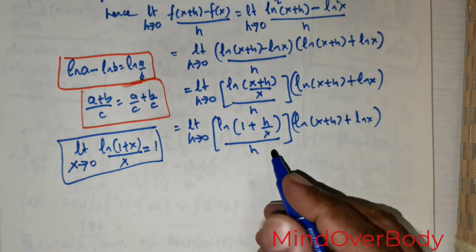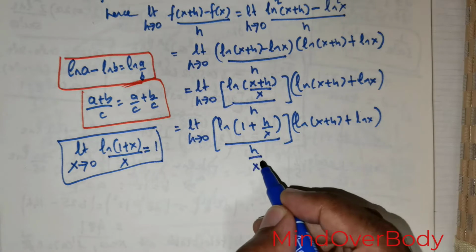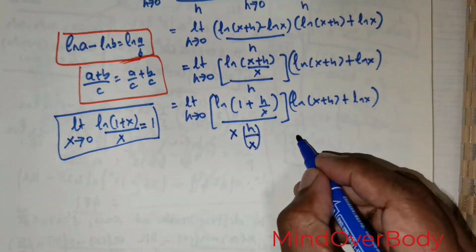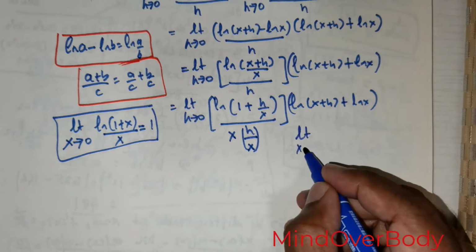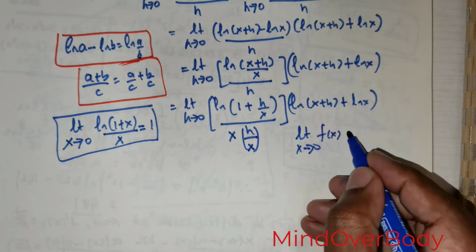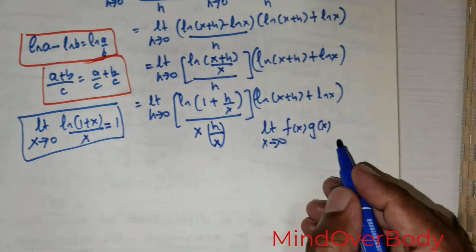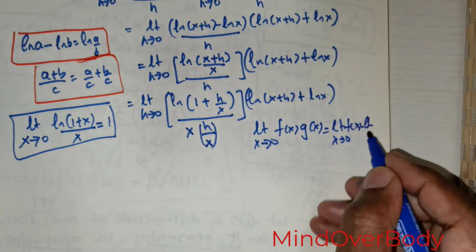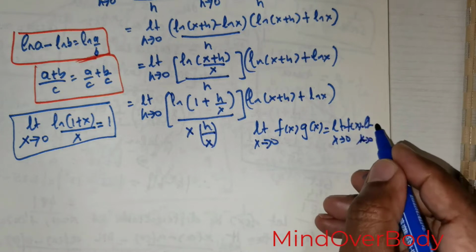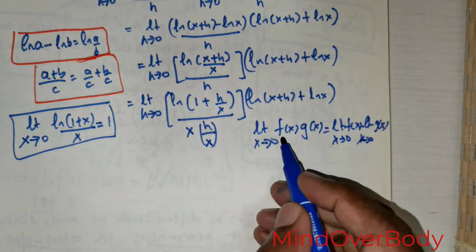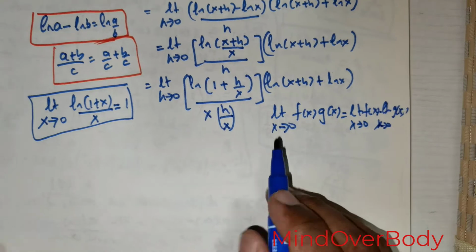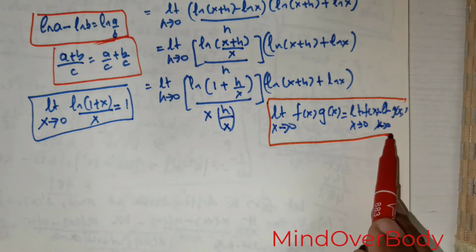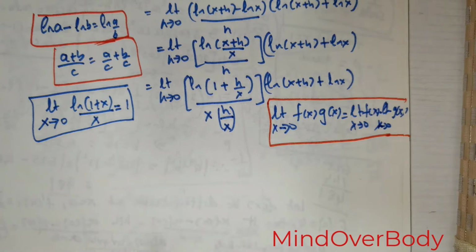So for that I'm going to divide this by x and multiply this by x, and then I'm going to rewrite it using this formula: limit x tending to 0 of f of x times g of x is equal to limit x tending to 0 of f of x times limit x tending to 0 of g of x. Limit of the product is product of the limits. So that's for your understanding.